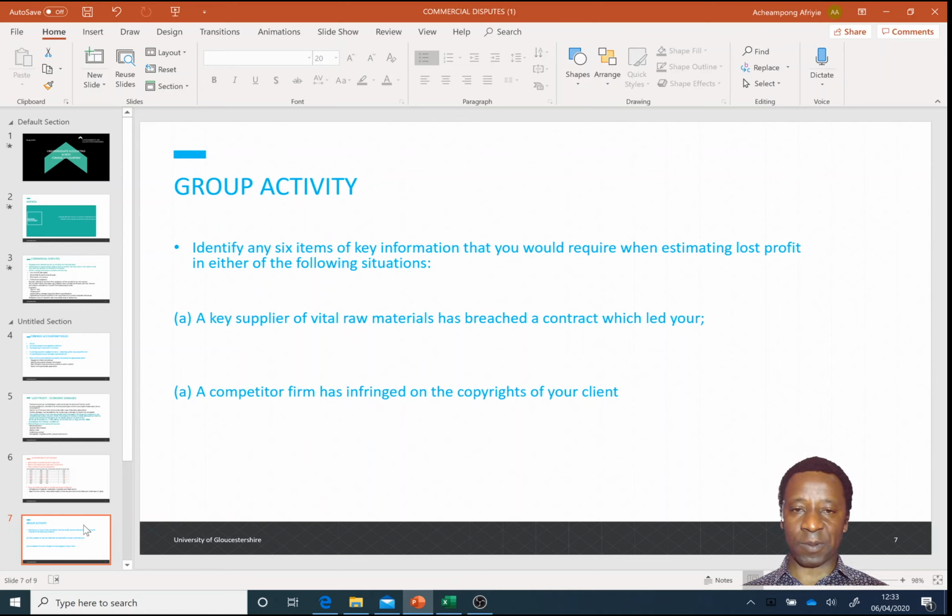Remember the example that we were looking at not long ago. What kinds of information would you need to be able to estimate the but-for profit? Or why don't you look at a competitor who has infringed on copyrights? What kind of information would you be looking for if you were estimating the but-for profit or economic losses? I would cover these in a seminar.